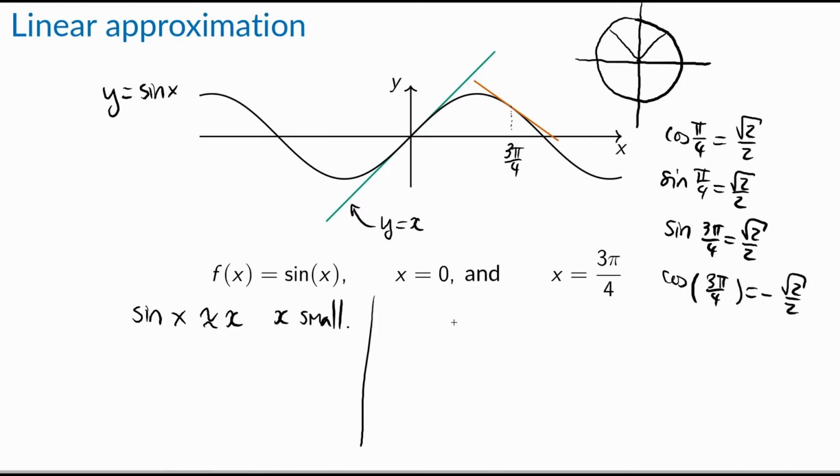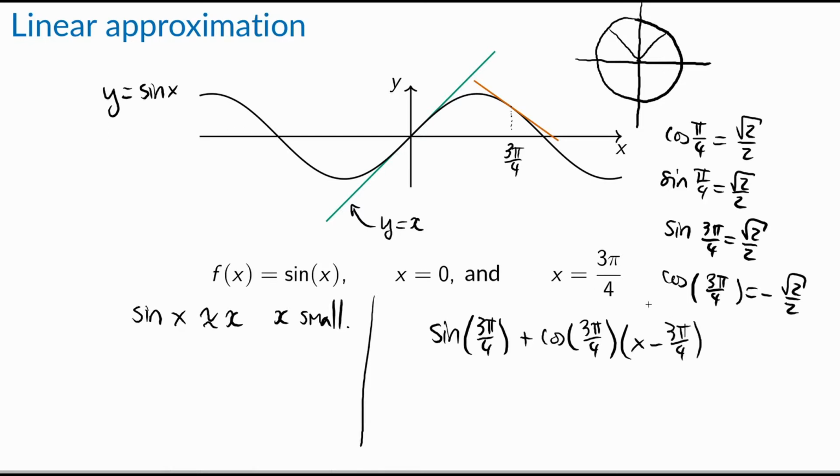Okay, so now using our linear approximation, we just need to calculate sine at 3 pi by 4. And then we're going to calculate the derivative of sine, which is cosine, again at 3 pi by 4. And then we get x minus 3 pi by 4.